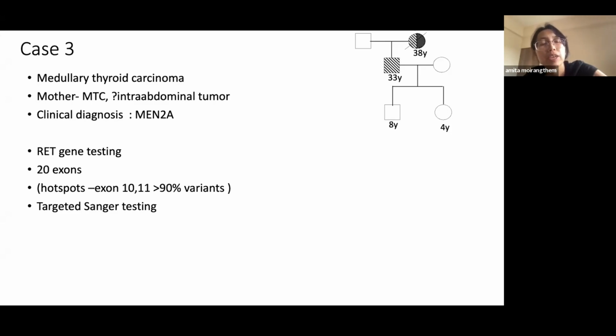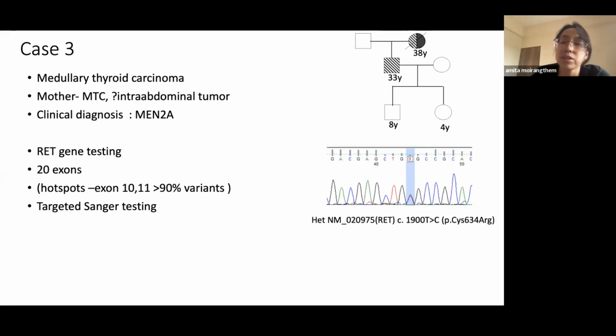So here again, we can use the same technique of Sanger sequencing and target only these exons. So in 90% of the cases we will be able to identify the mutation. In the rest, if we don't identify, then we can go for another second tier testing with an alternative technology. This is again the same variation with heterozygous variant in RET gene, which is shown here.